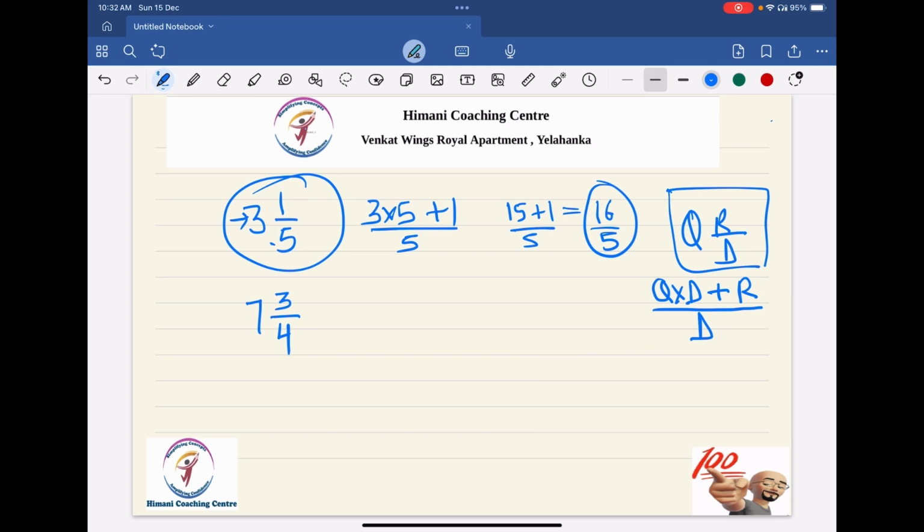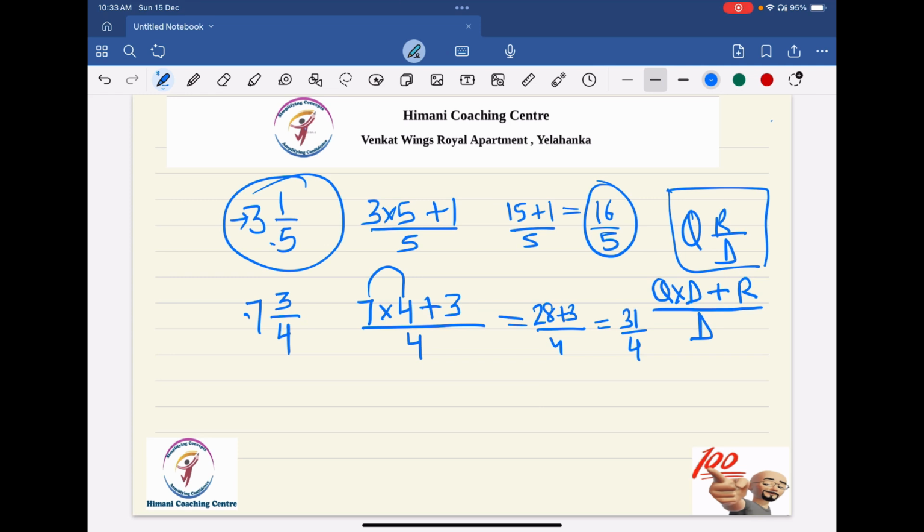Okay. Now let us do 7 3 by 4. So 7 times 4, because Q into D, plus remainder, which is 3, upon divisor, which is 4. Now let us solve. 7 times 4 is 28 plus 3, and that is 31 by 4.